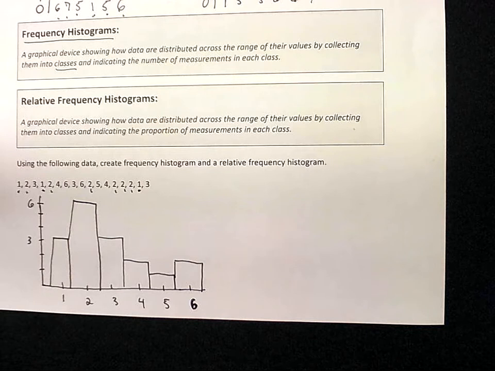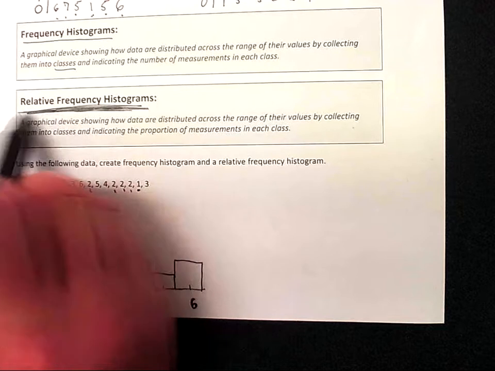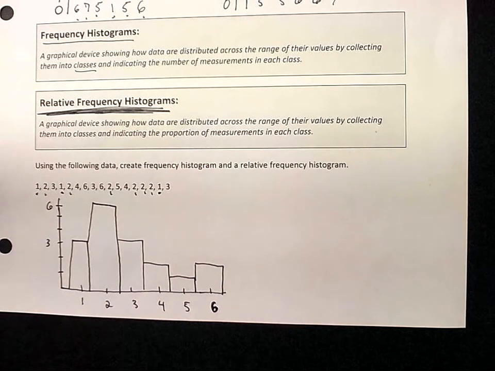All right, then the relative frequency histogram is by far the most commonly used visualization technique anytime that you use any kind of data, or really anytime that you use any kind of statistics, especially out in the real world.